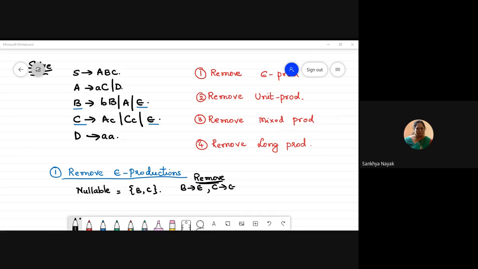Only one person has completed. Neha, can you share the answer until at least one or two of them complete? Of course, I'll solve it. If you are comfortable typing, share the answer. Let me see. At least share S derivation.